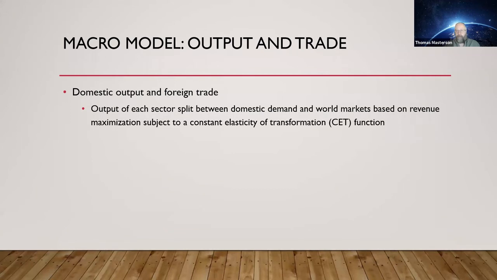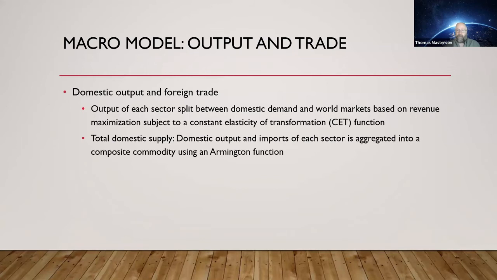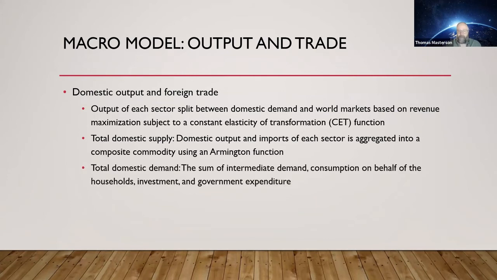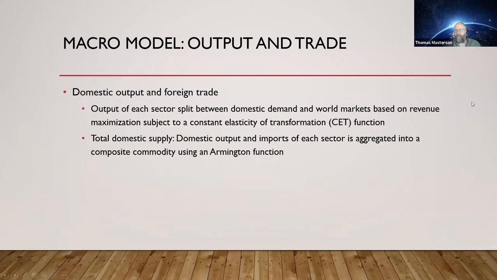So the output is going to be split between those two components, and the demand is going to be split between domestic output and imports. But those are going to be combined into a composite commodity using what's called an Armington function, which just takes into account the location of production. And so what you get then is total domestic demand is the sum of intermediate demand, consumption on behalf of households, and government investment and government expenditures.